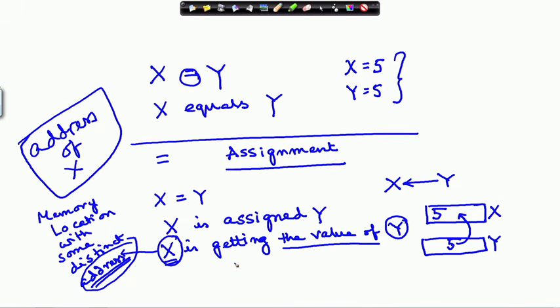This is the meaning of assignment. It is not exactly meaning equal to y. Essentially, after this, the value of x is equal to the value of y, but this sign typically means assignment. In order to show equality, we have other symbols, and we will come across them later.